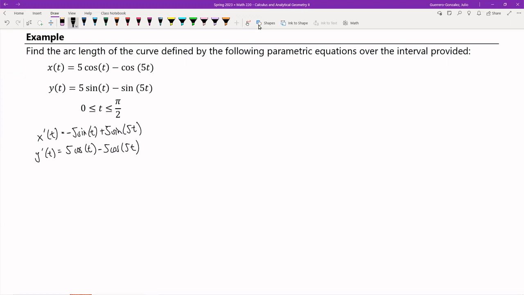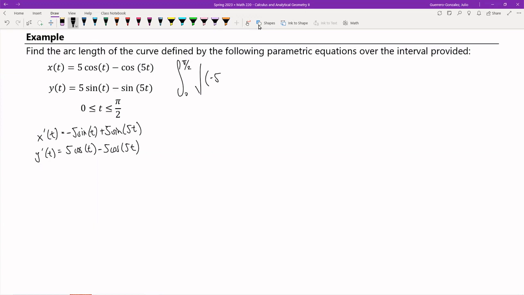Again, we're going to go back to our equation for the arc length of a curve. So it's going to be the integral from 0 to pi over 2 of each one of those derivatives. I'm going to put the square root here, but I'm not going to give it the roof yet. Okay, write it out.